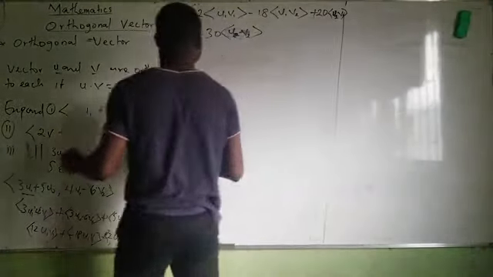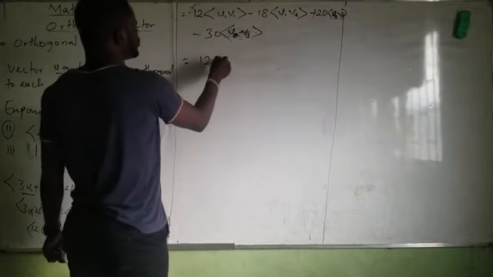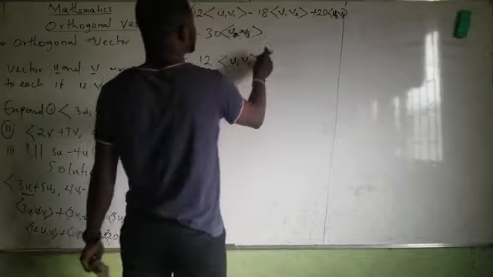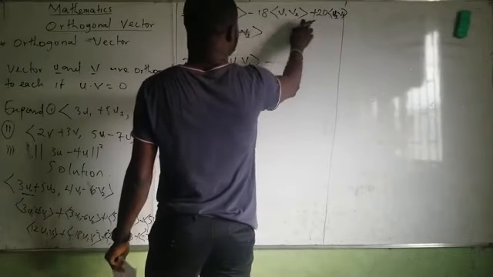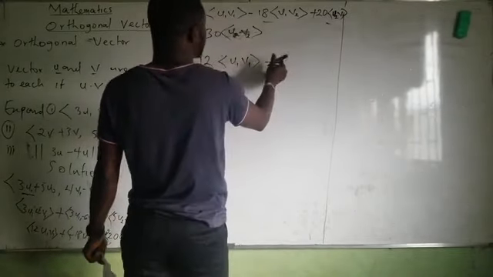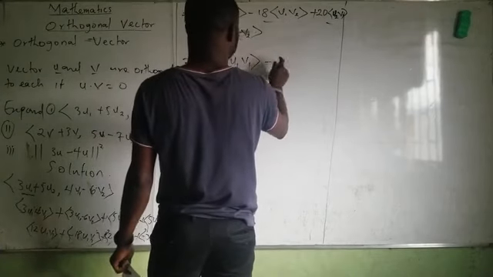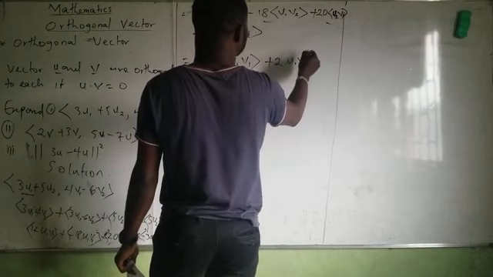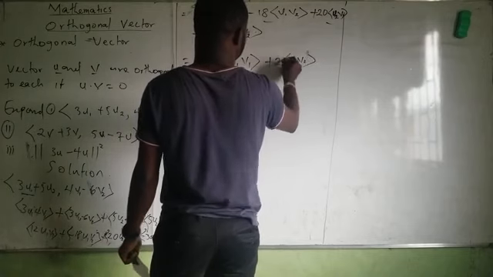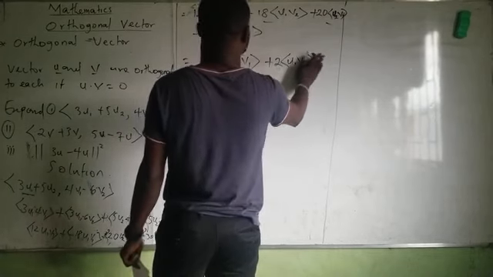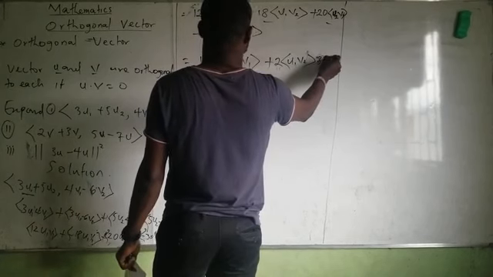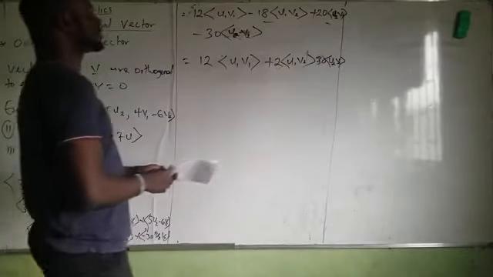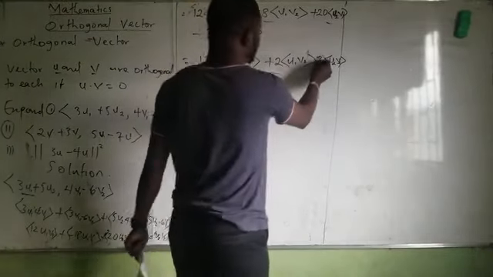It means I'll be talking about 12 u1 v1, plus this and this will be like terms. It means I'll be talking about plus 2 u1 v2, minus 30 u2 v2. Now that is what, minus 30, this is minus, sorry, minus is here.